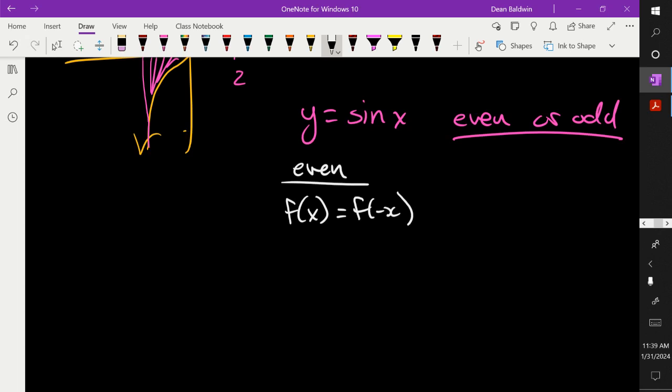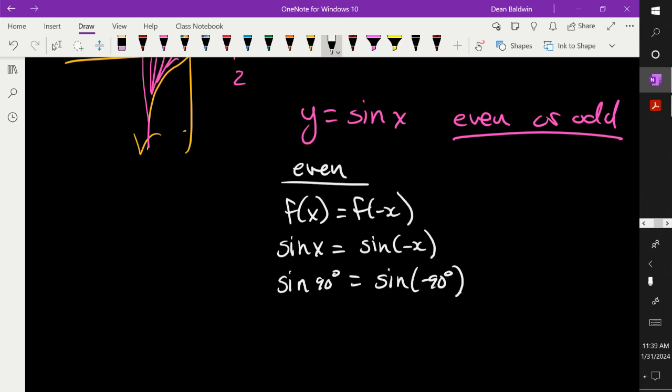What's f of x? It's sine of x. So that means sine of x has to equal f of negative x, sine of negative x. Pick an angle, a nice angle. 90, there you go. Okay, so that means sine of 90 should equal sine of negative 90.